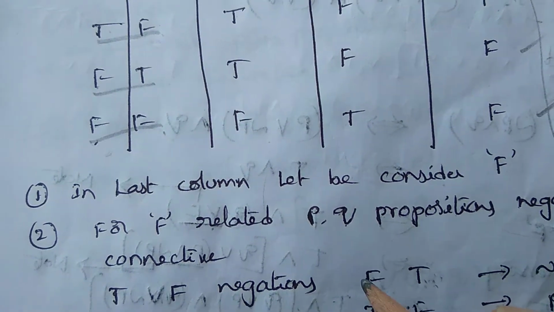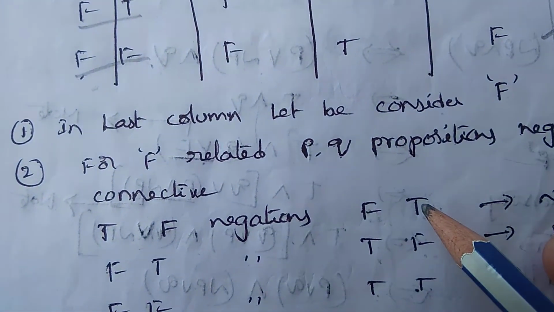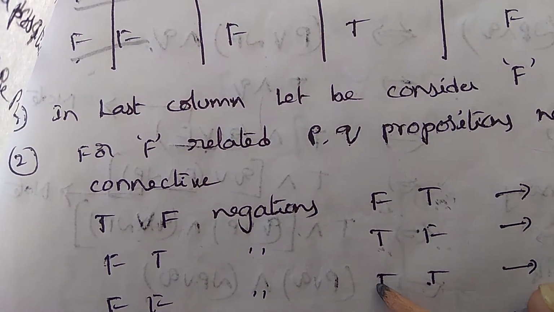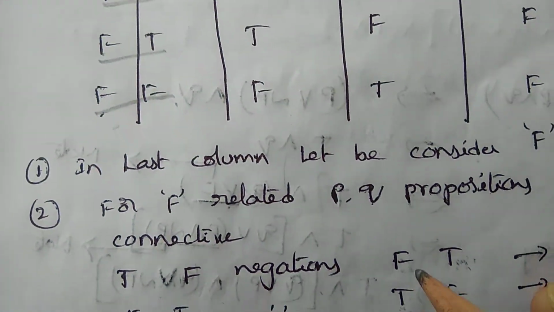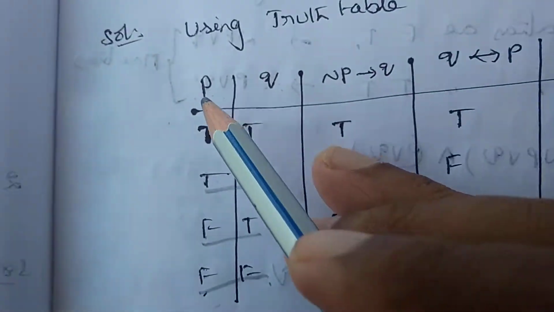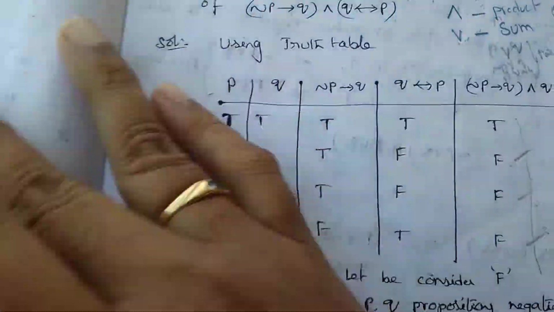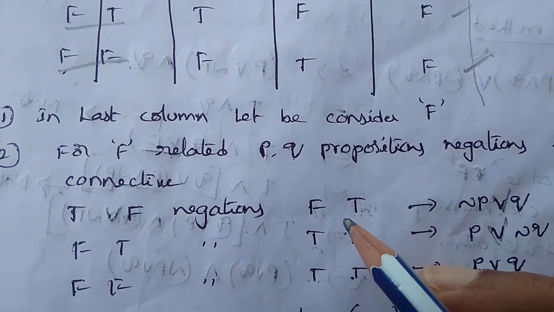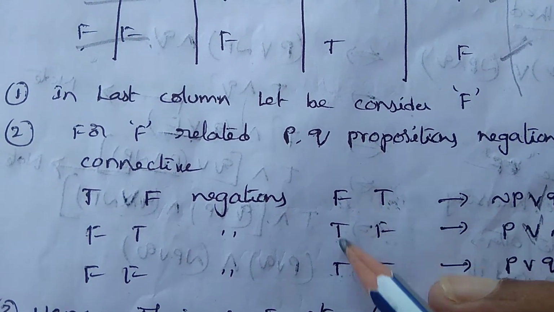That means this is T in place of Q, so write Q. This is T in place of P, write P. This is in place of P and in place of Q, so write P and Q. So in the F place, you write that proposition's negation. If you have to find a principal conjunctive normal form, you have to put the disjunction symbol, that means the OR symbol, between these propositions.